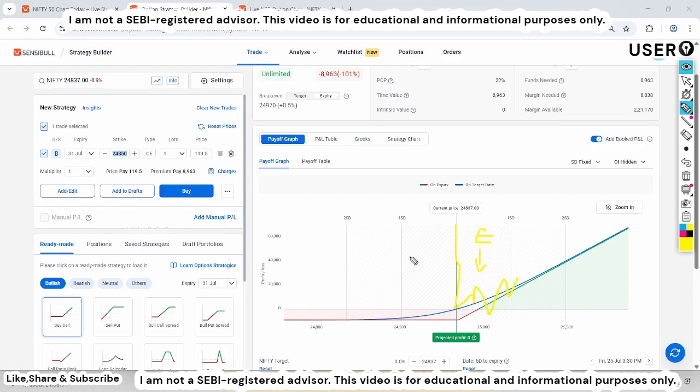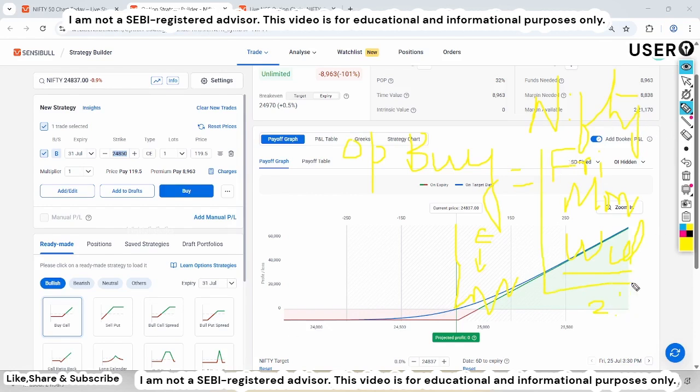So for option buying, I will be suggesting that, in the case of Nifty, you should go only on Friday, Monday. Wednesday you should avoid, but up to 2 o'clock you can take an option buy position. This is very important, guys, you should be knowing it.